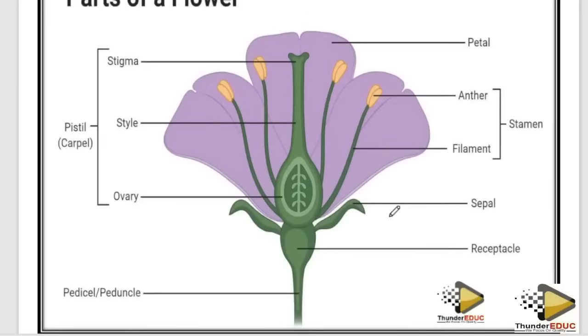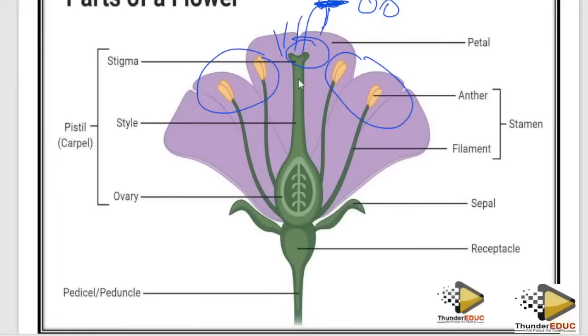Is this insect pollinated or wind pollinated? Check this and check this. The moment these anthers are below the stigma, it means that it's insect pollinated. Because if it was wind pollinated, the anthers would have been up so that when they shake, the pollen grains will fall on the stigma and then fertilization will take place.